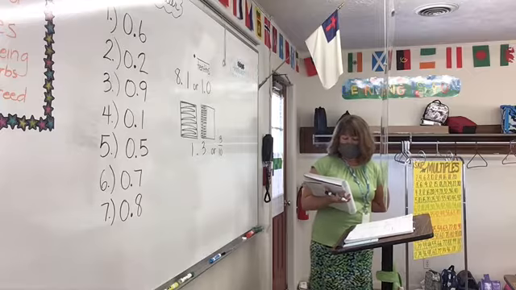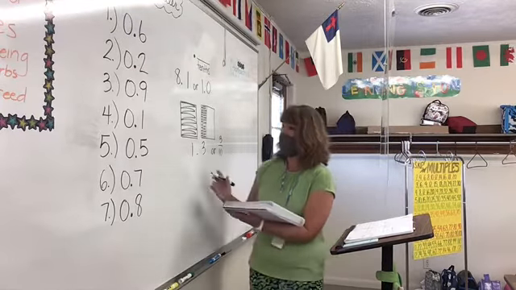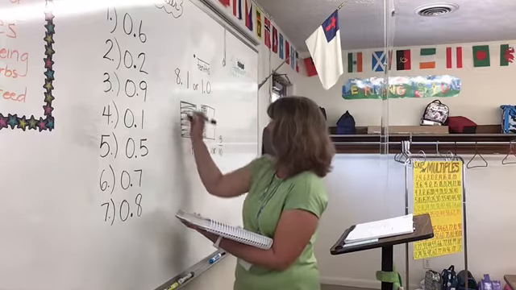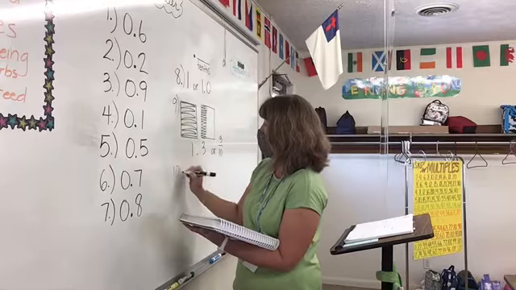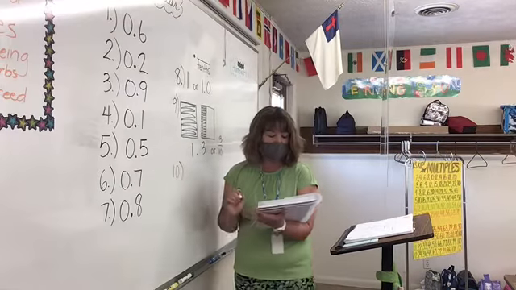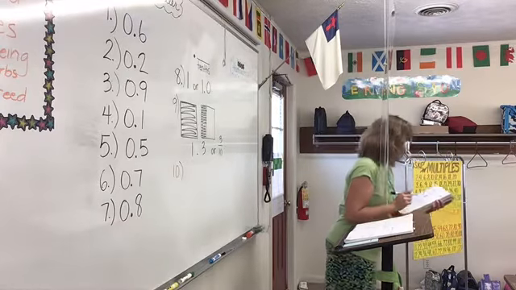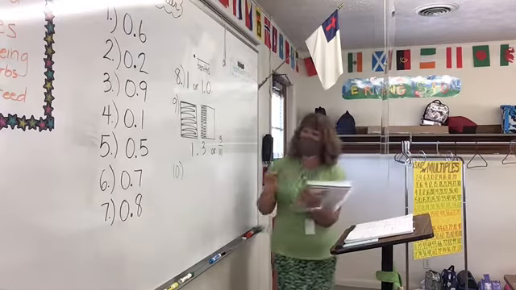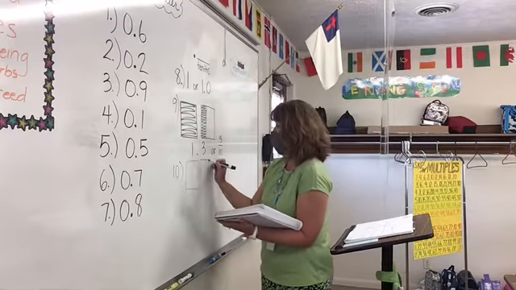All right, so for number 10, how would we color number 10? All right, we've got 2 and 7/10. So Mason, what do we do? We're gonna color 2 whole squares and then 7 in the last box. Right.